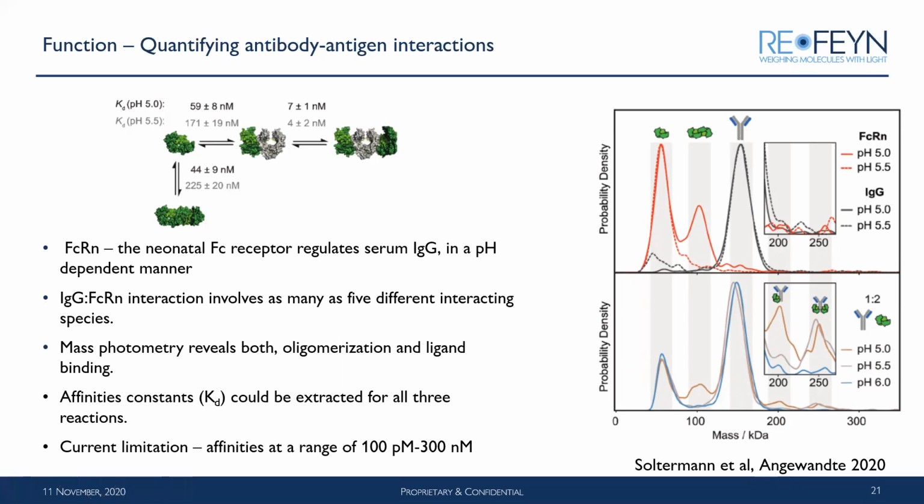And using mass photometry, first of all, you can study the different species that can arise when you interact this antibody and antigen, showing that there is oligomerization and also ligand binding by two antigens.